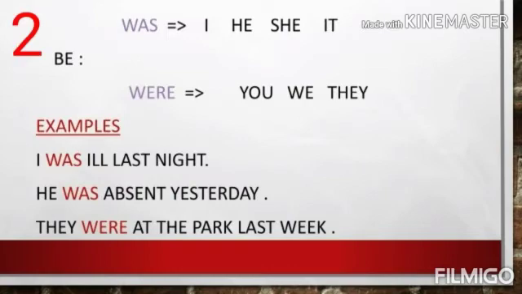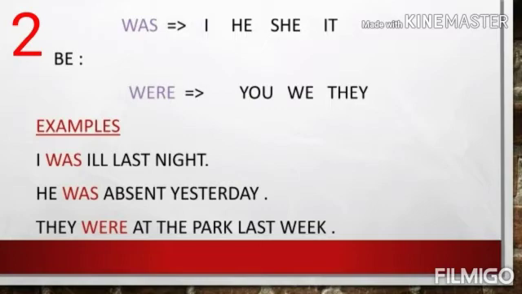Now let's see an example about irregular verb. For example, here we have the verb to be. What is the simple past of verb to be? Yes, it was, and we can say was, okay, with I, he, she, and it. Or were, okay, we use it with you, we, and they.